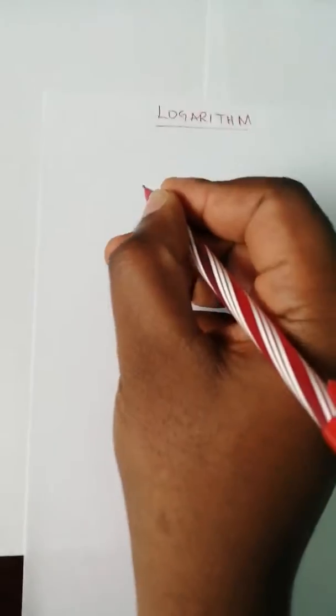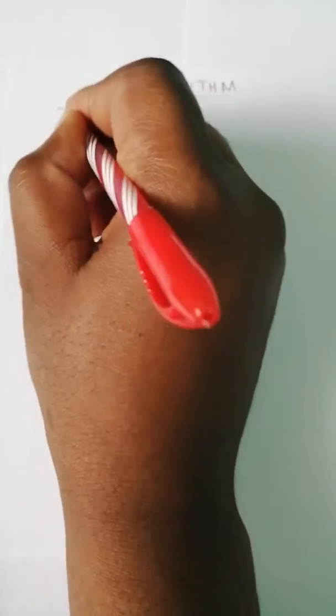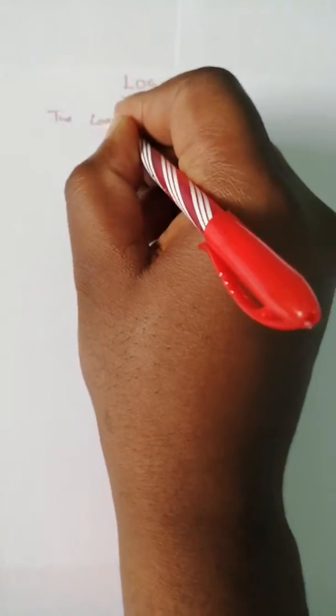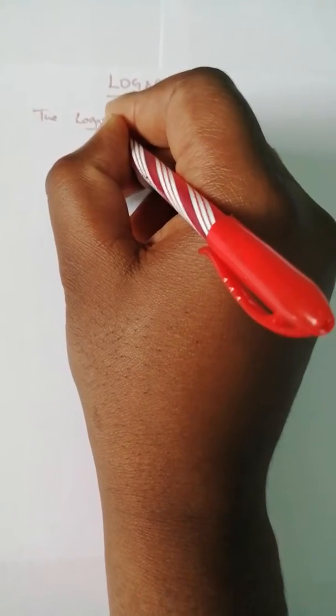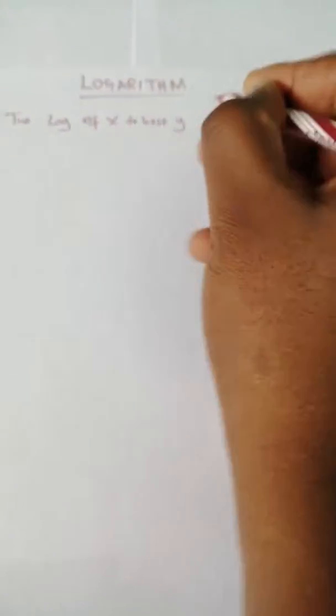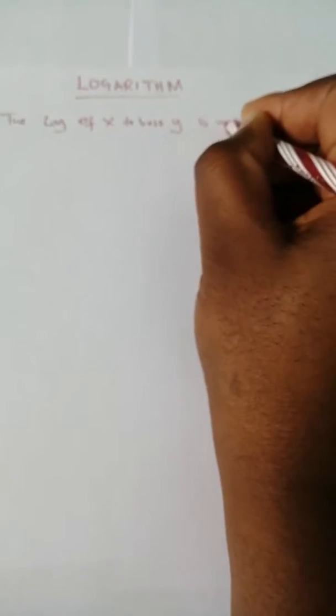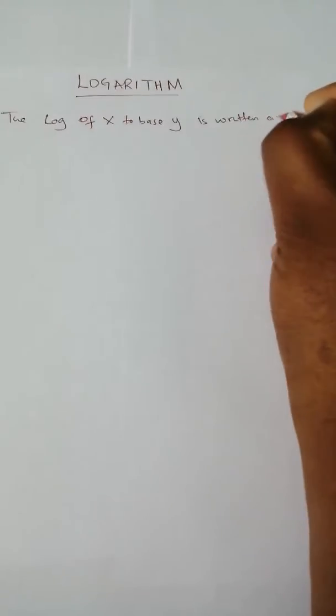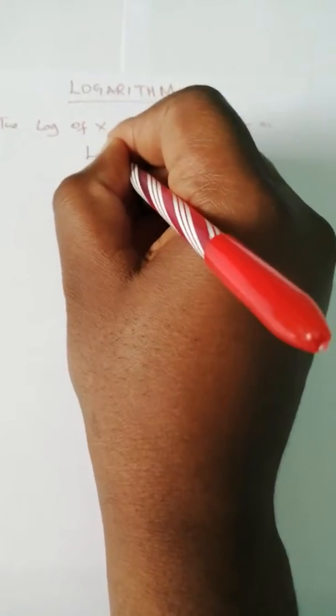Now, let's go direct to the point. If you are told the logarithm of x, let me illustrate. The short form of logarithm is log. The log of x to base y is written as log x to base y.